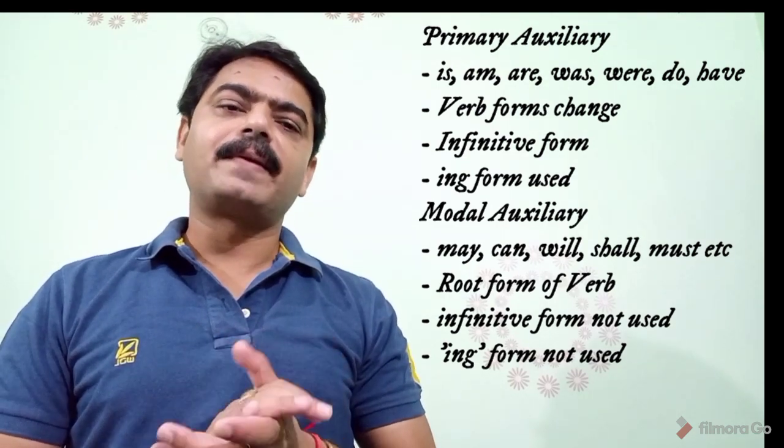These are some basic differences between primary auxiliary and modal auxiliaries. So today we'll discuss 7 modals, and those are may, might, can, could, would, should, and must. We discuss only these 7 today.